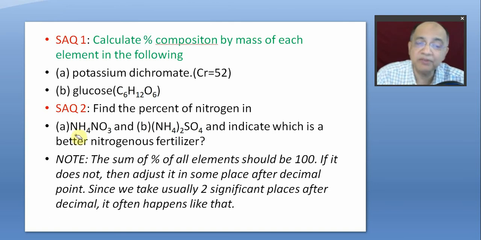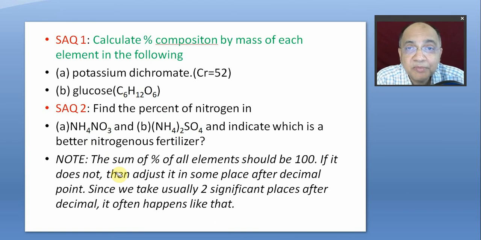And the second one I have given, between ammonium nitrate and ammonium sulfate, which one is a better nitrogenous fertilizer? That means in 100 gram, which contains more nitrogen? The one which will have more nitrogen per unit mass of the fertilizer, or 100 grams of fertilizer, that is the more efficient nitrogenous fertilizer.